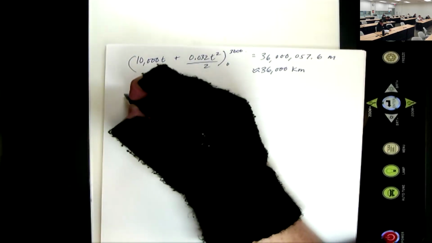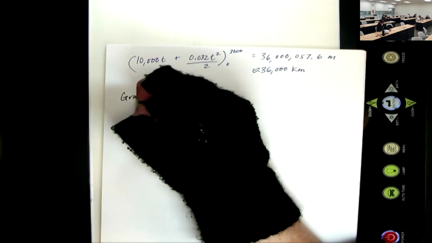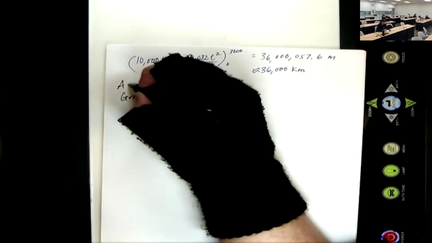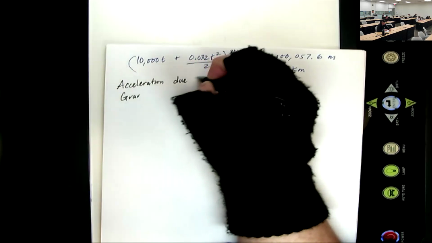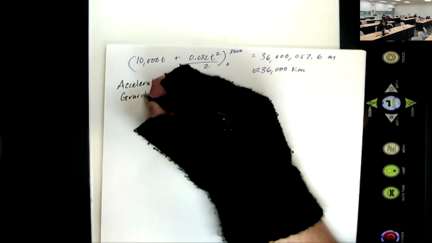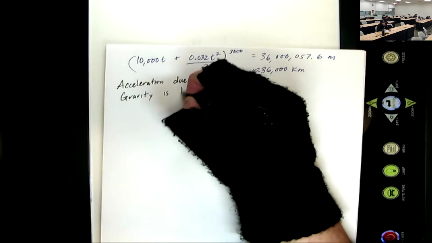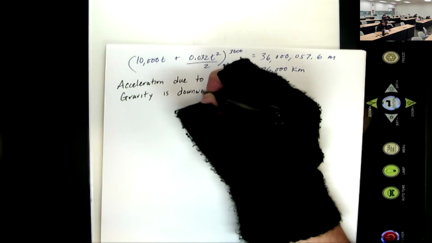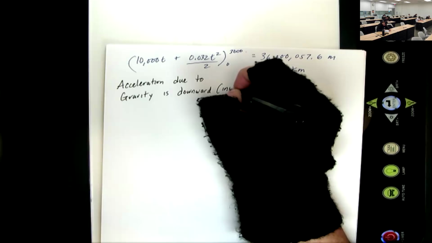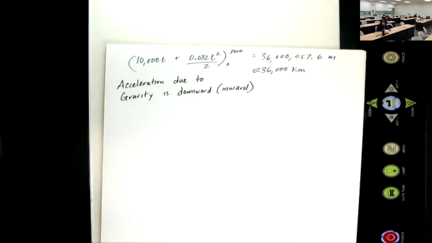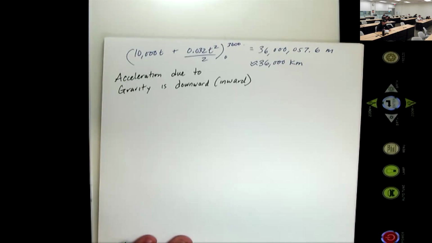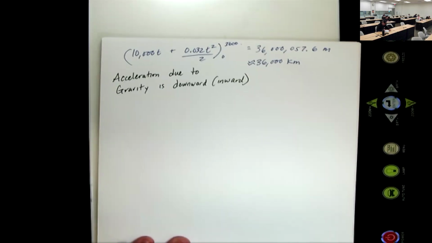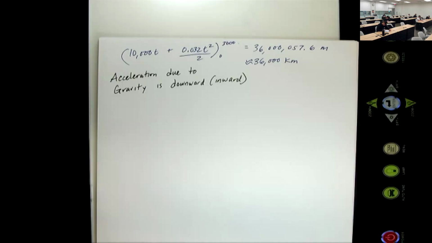Alright, so let's bring it down to Earth. Acceleration due to gravity is obviously downward. Or technically more like inward, since down is relative to where you are on the planet, but it's always inward, no matter where you are on the planet.